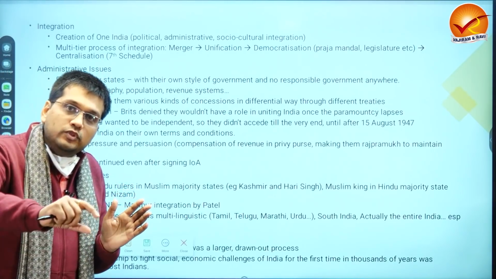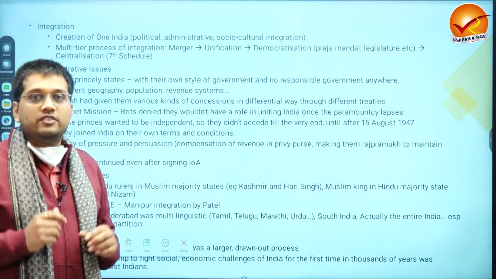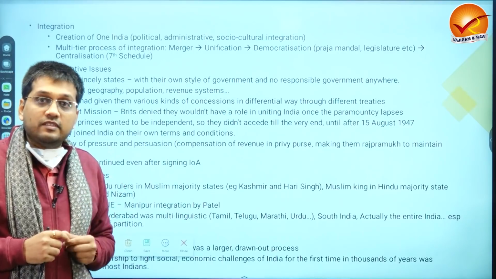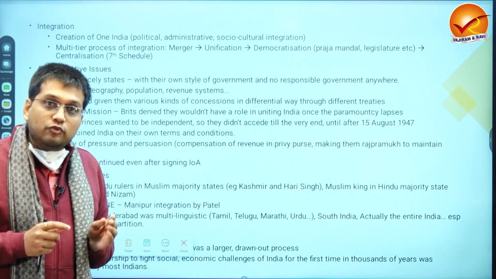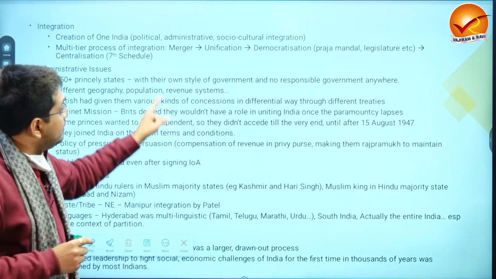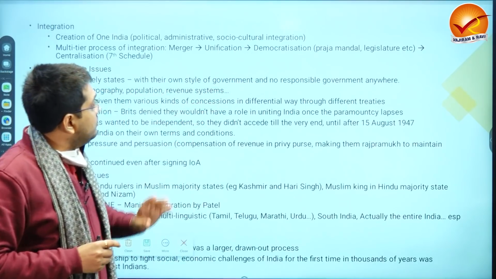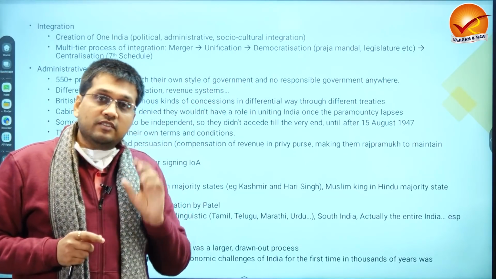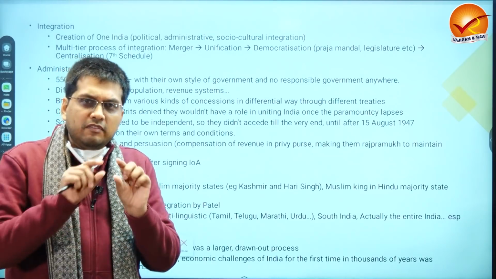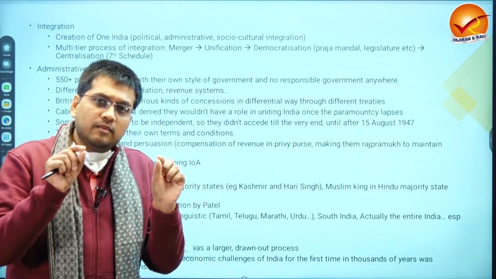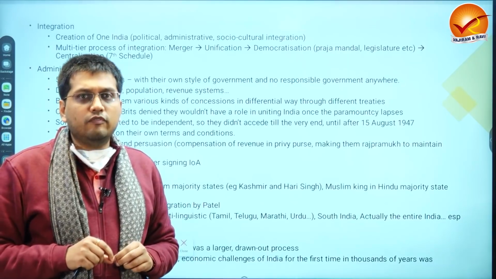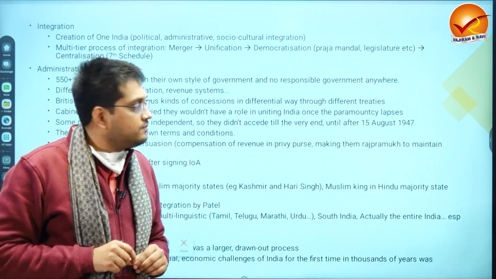All these steps together make it integration. And what the question is asking about is the administrative and socio-cultural problems faced during this process from accession, merger, unification, democratization till centralization. If you have that understanding very well in your mind, the answer becomes to the point and not vague, not beating around the bush.